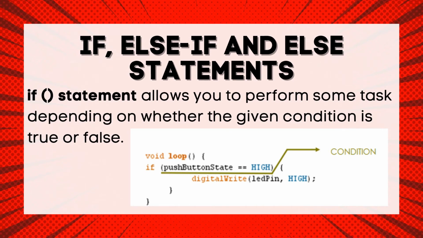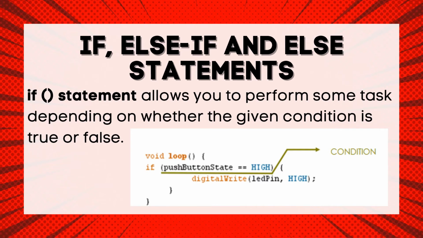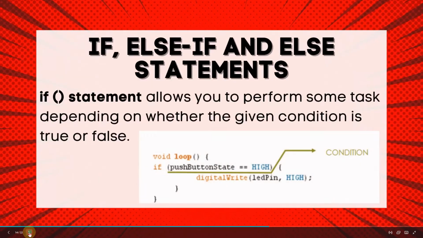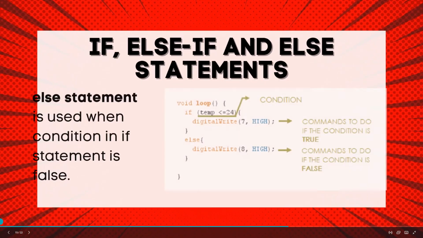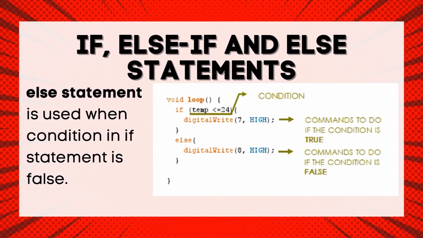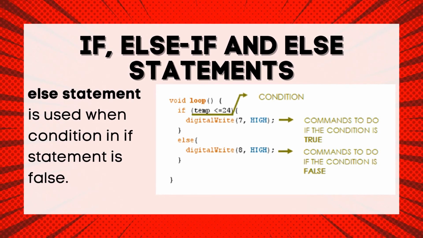If, else if, and else statements. The if statement allows you to perform some task depending on whether a given condition is true or false. In the example, an LED will turn on once the condition is true. Next, the else statement.